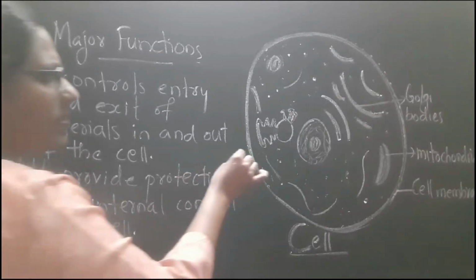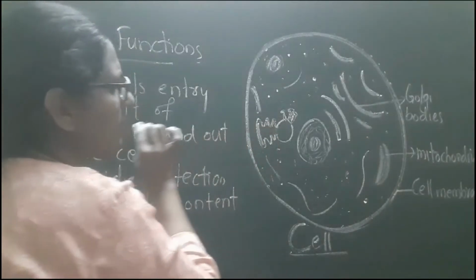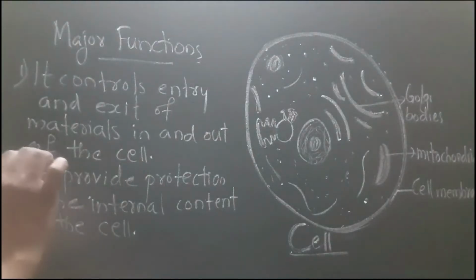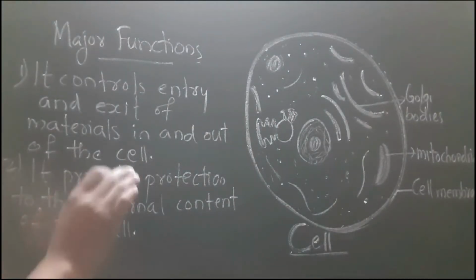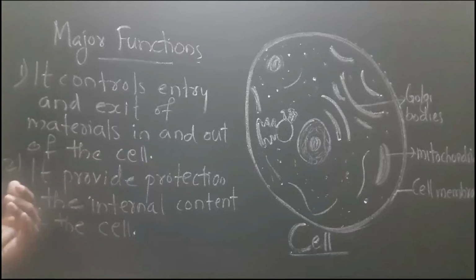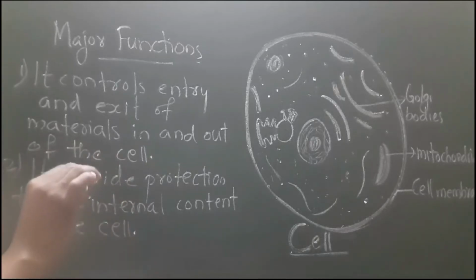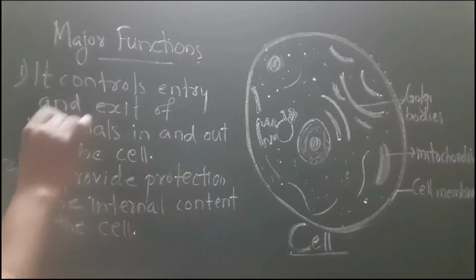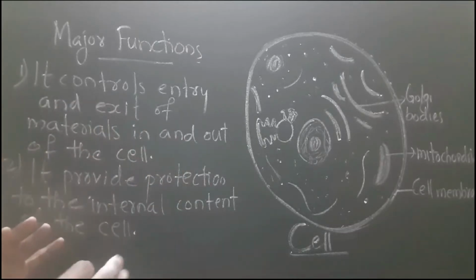It is a selectively permeable membrane. It doesn't allow all the materials to go in and out. It chooses certain substances only, certain materials only, to pass in and out.